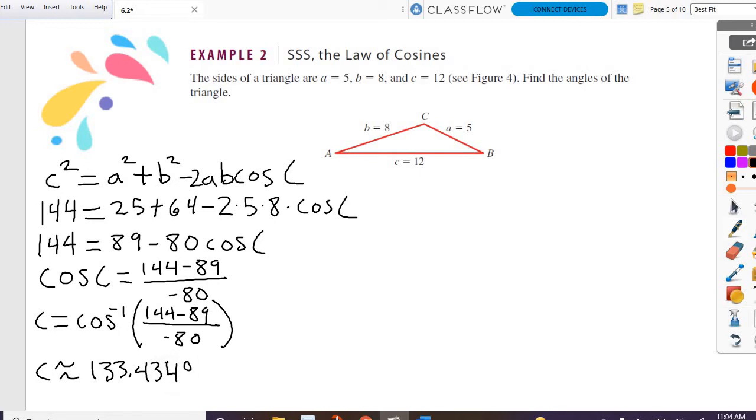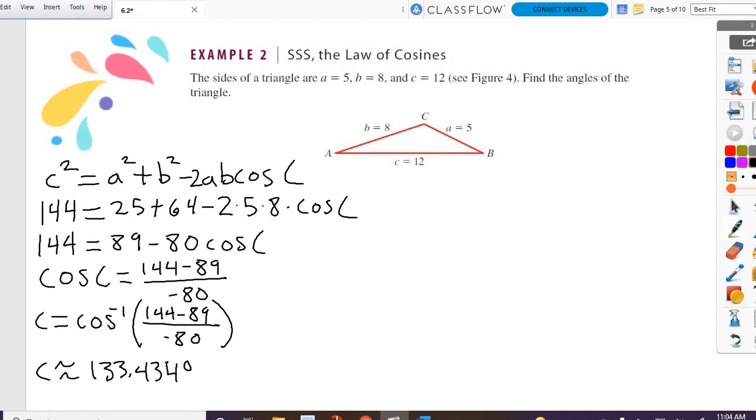That's not what I got. I got 133.4325. Did you round before you put it into your cosine inverse? No, mine was 133.4325. So then the 5 makes it a 3. Yep.